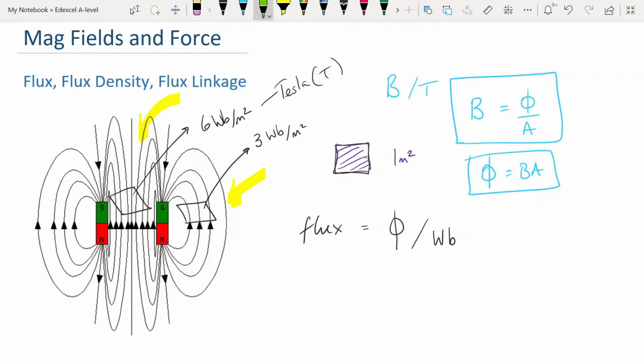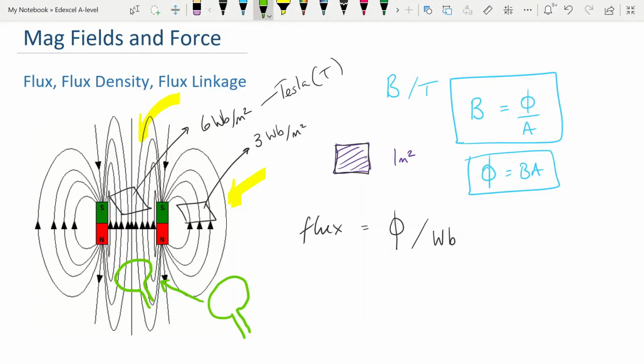The third term that we need to be familiar with is this idea of flux linkage. And this really only comes up later on when we talk about moving coils into magnetic fields, but we're going to explore it now. So let's suppose we have a coil of wire. Fairly simply drawn coil. If you move that coil of wire into the magnetic field, then what happens, of course, is that you get flux lines passing through that wire.